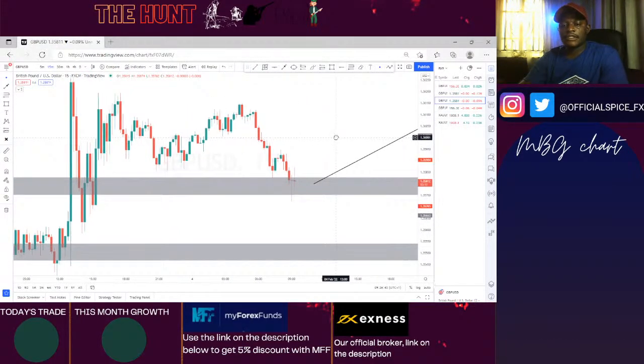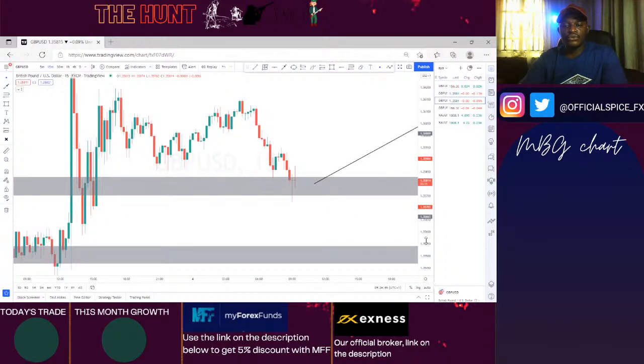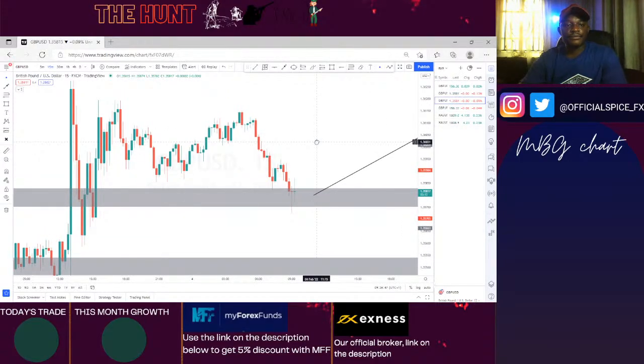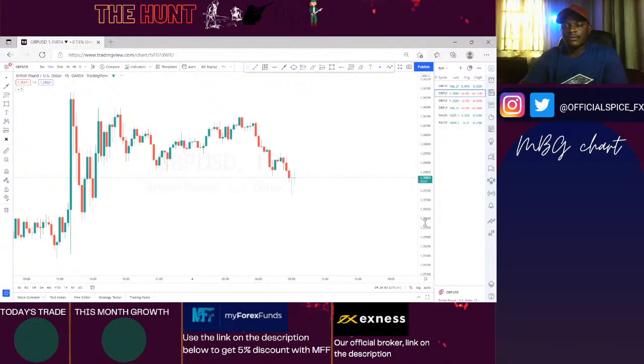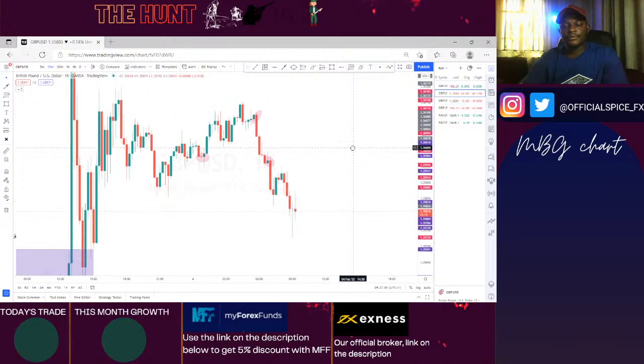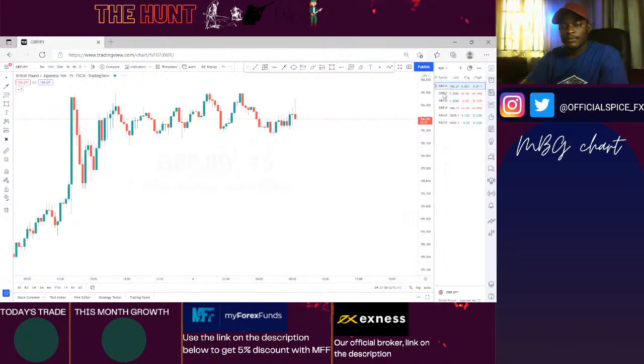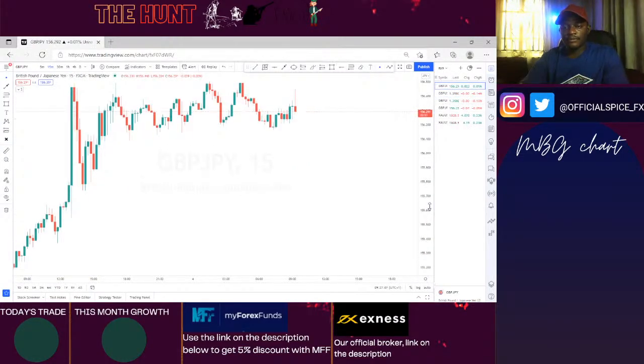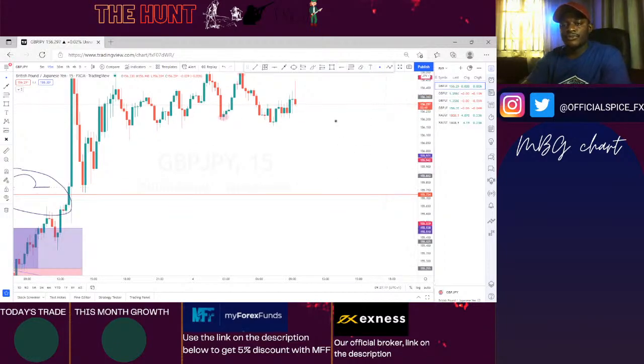Strong candle right there. Will it hold? Let's find out. This is a very strong candle.